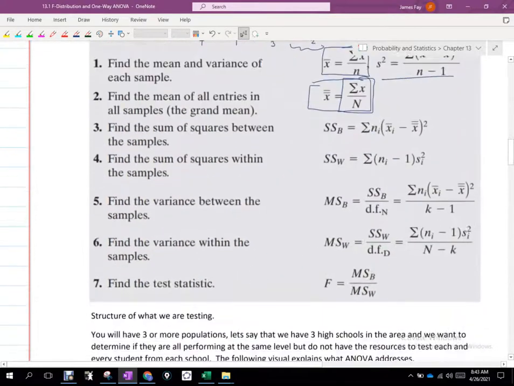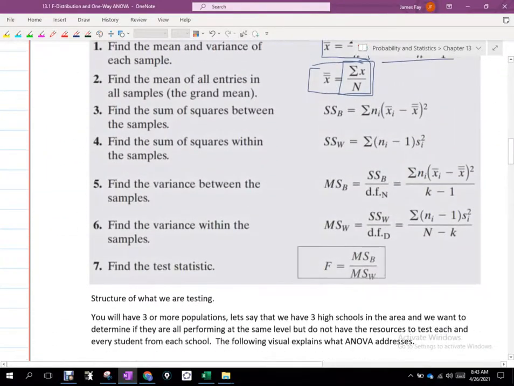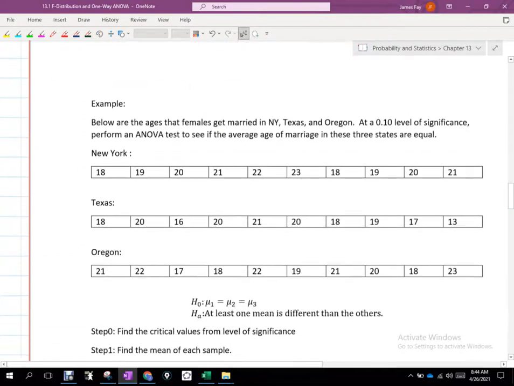When we do that division to find our F statistic, MS sub B is this thing right here, so K minus 1 is the degree of freedom for that numerator. MS sub W is that thing there, so N minus K is the degree of freedom for that denominator. So that's why those subscripts of N and D showed up previously.